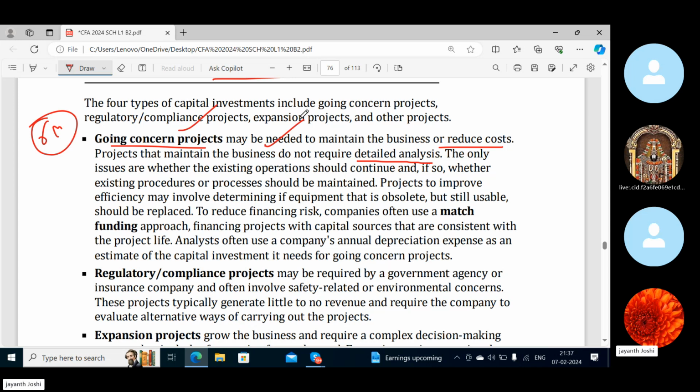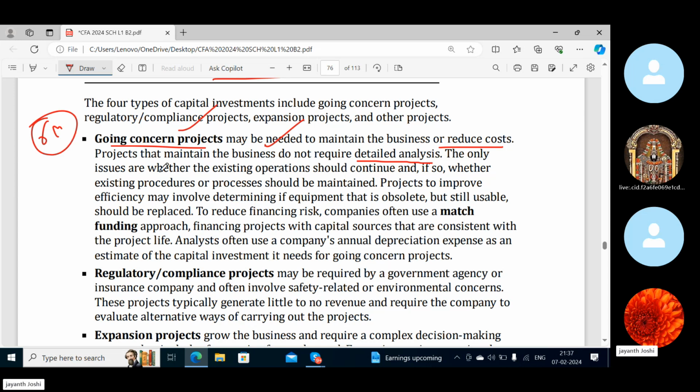You don't require a very detailed analysis for those, because they are always supposed to run. They are the backbone of the business. For example, for a production company, the production should always happen no matter what.